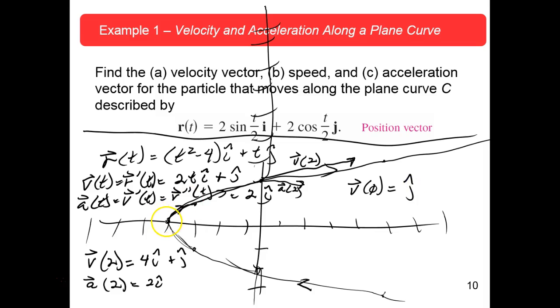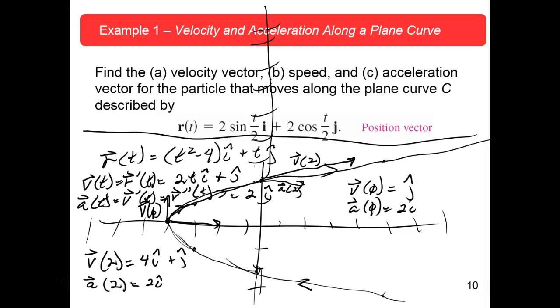So that velocity there is v of 0. It's just 1 unit to the north, and that looks about right, doesn't it? Okay? How about the acceleration vector there? That's still 2i. Okay? Which would be right there.